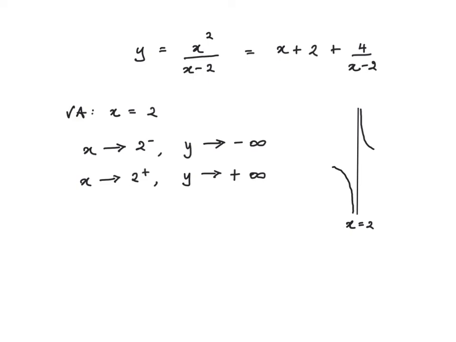Now, the non-vertical or horizontal asymptote, it's absolutely necessary that we use this form here. So here in fact is the equation of the non-vertical asymptote. That's an oblique asymptote.